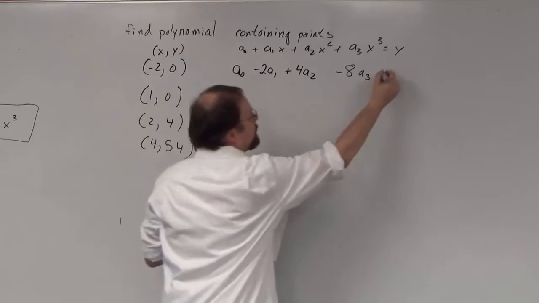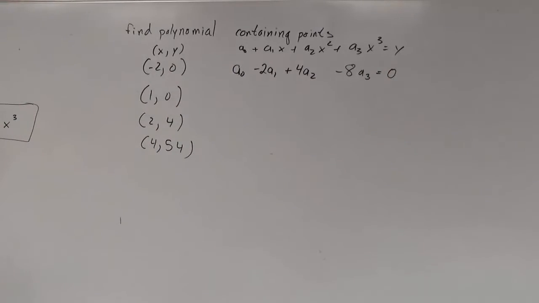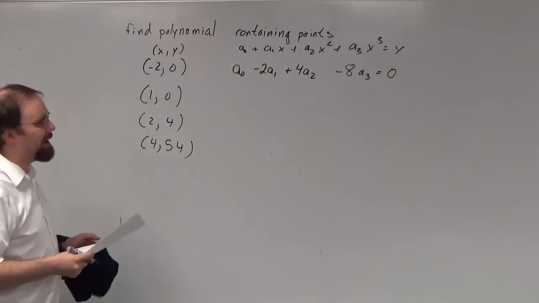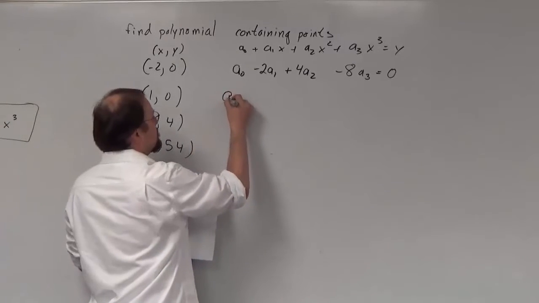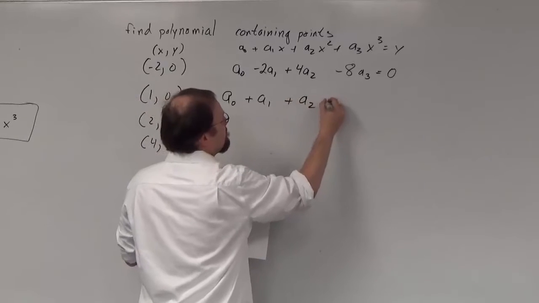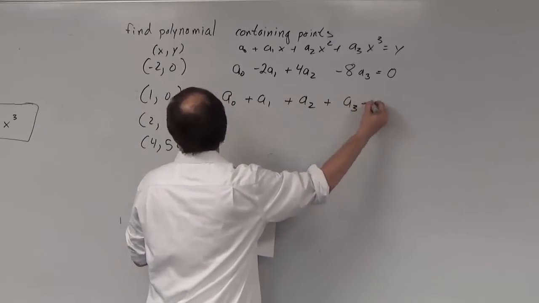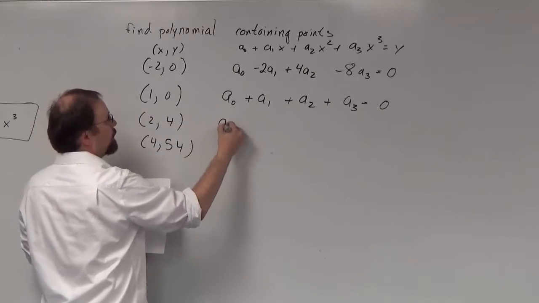So for each point we get a linear equation, where the unknowns are not x and y, but rather these coefficients in my polynomial. So x is 1, and y has to be 0. x is 2.